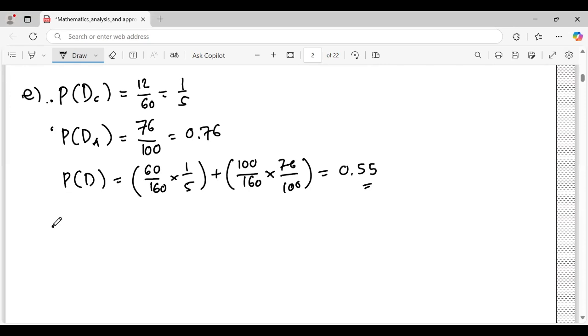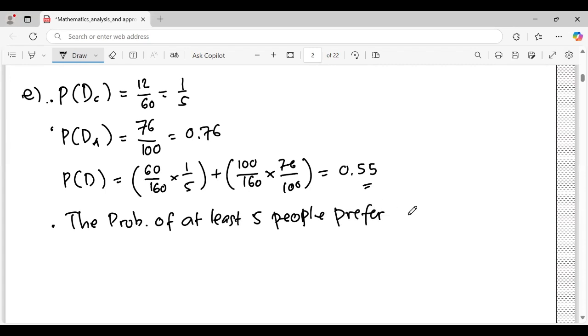Next, the probability that at least 5 people prefer dark chocolate represents the probability of x greater than or equal to 5.